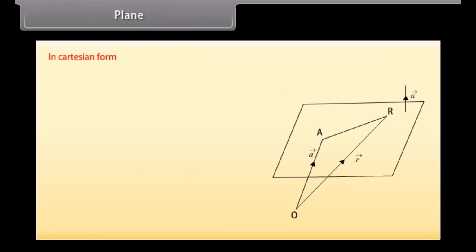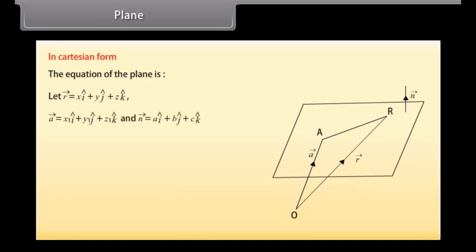In Cartesian form, the equation of the plane is as follows. Let vector r equal x i cap plus y j cap plus z k cap. Vector A equals x1 i cap plus y1 j cap plus z1 k cap. Vector n equals a i cap plus b j cap plus c k cap.